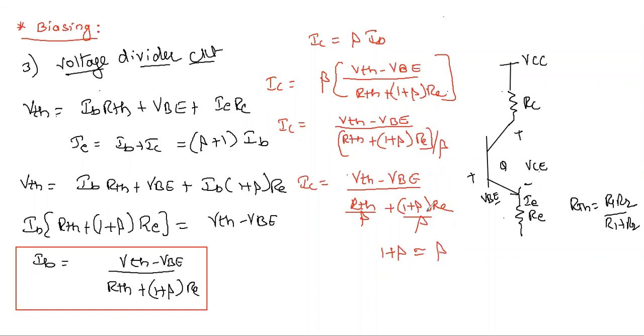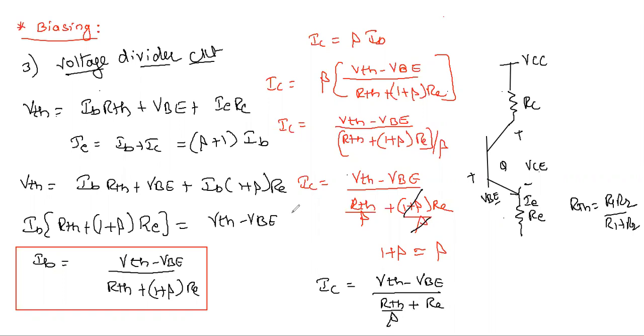So I can cancel 1 plus beta with beta, and IC is equal to VTH minus VBE divided by RTH by beta plus RE.